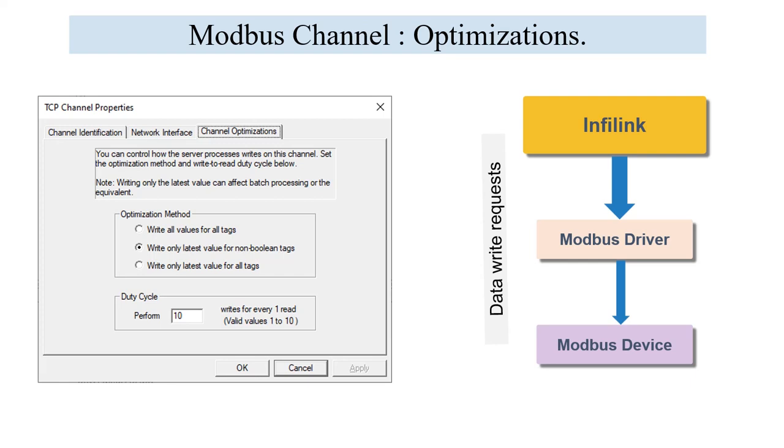With the middle setting, you can tell the driver to write only latest values for non-Boolean tags, but write all in between values for Boolean tags. With the topmost setting, you can tell the driver to write all values for all the tags.